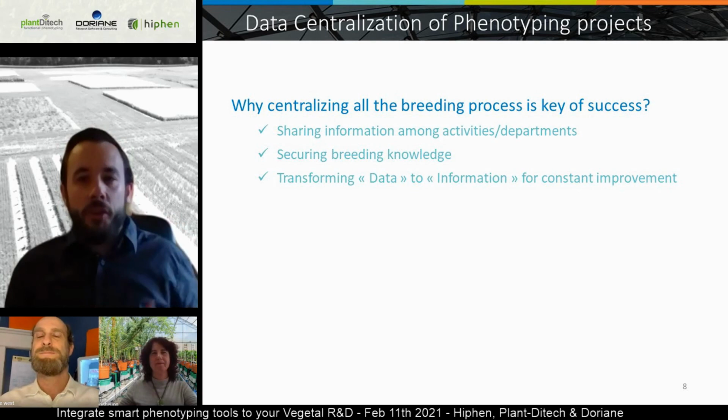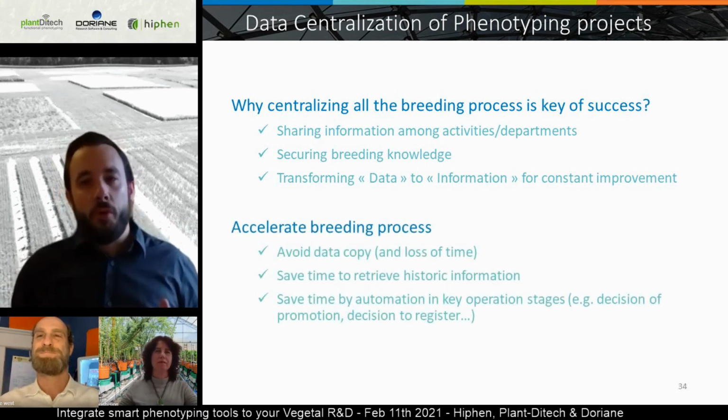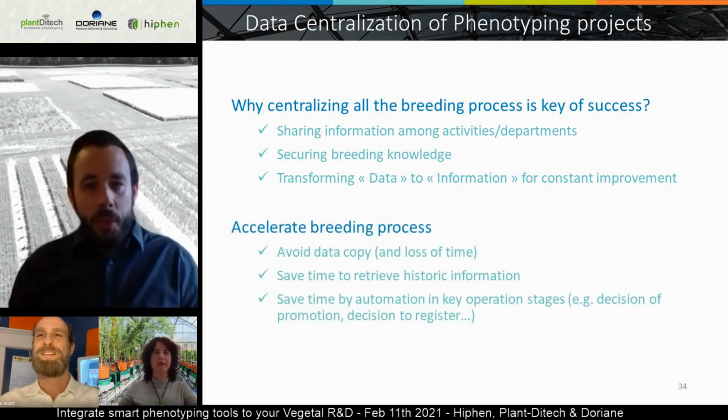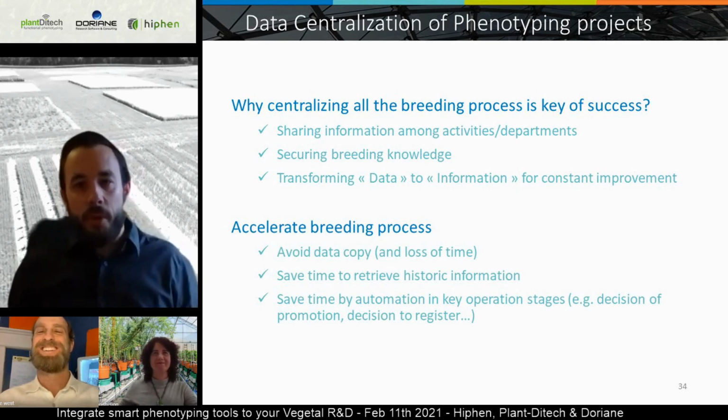And finally, transforming centralized data into information for constant improvement. So it should make the breeding processes move forward by avoiding data copy, saving time to retrieve historic information, and by proposing to automate some tasks which can be repetitive at key operation stages.